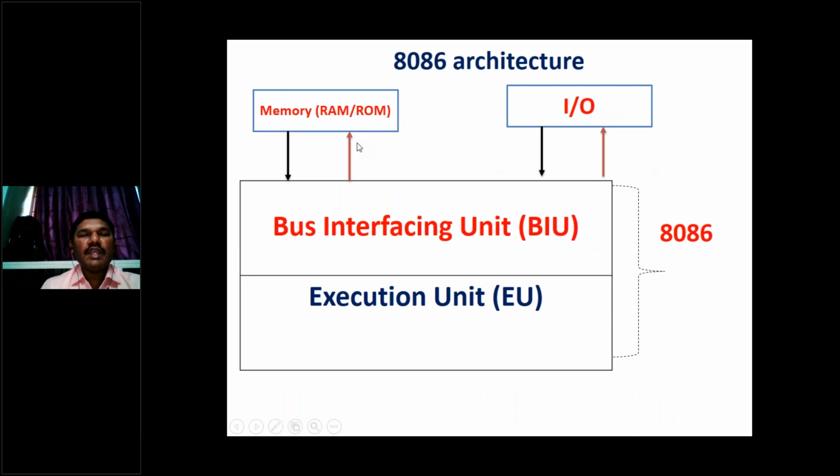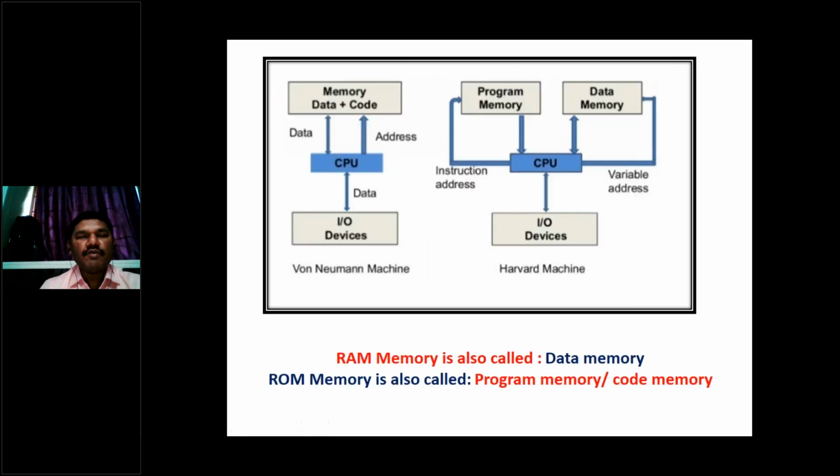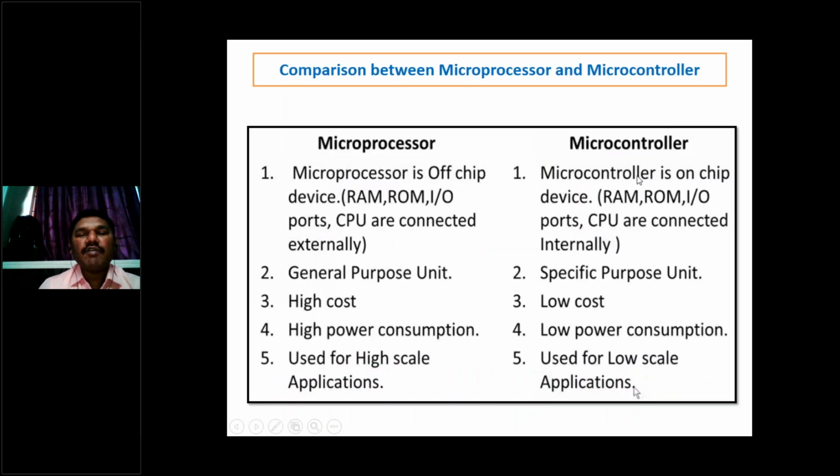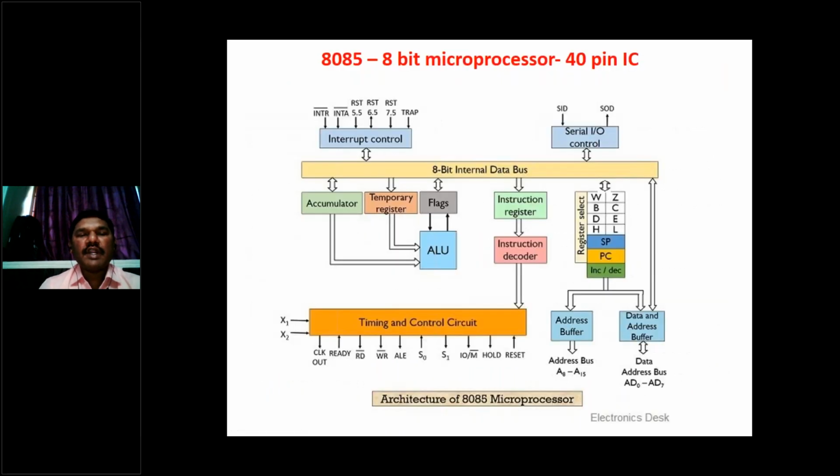Here in the diagram we are taking data lines and address lines for RAM and ROM in only one set. Whereas in the case of a microcontroller, program memory and data memory are both separated by their own data lines and address lines. This is what we call Harvard architecture and Von Neumann architecture.